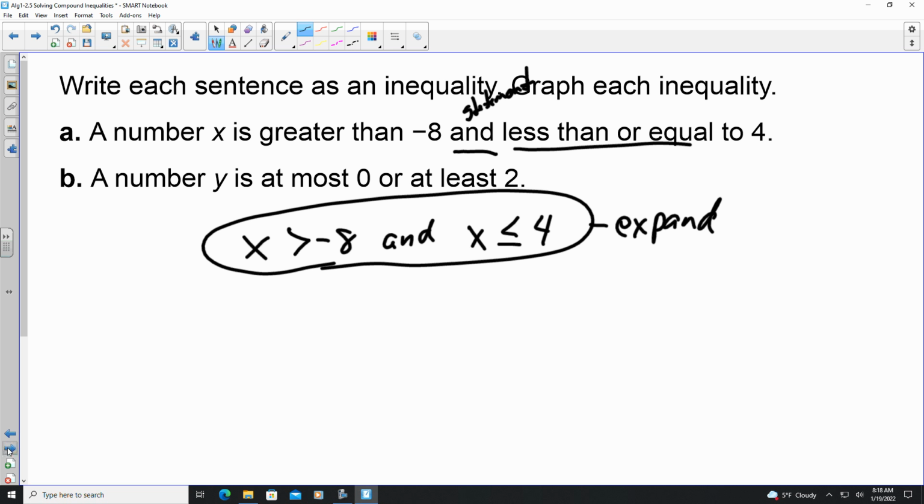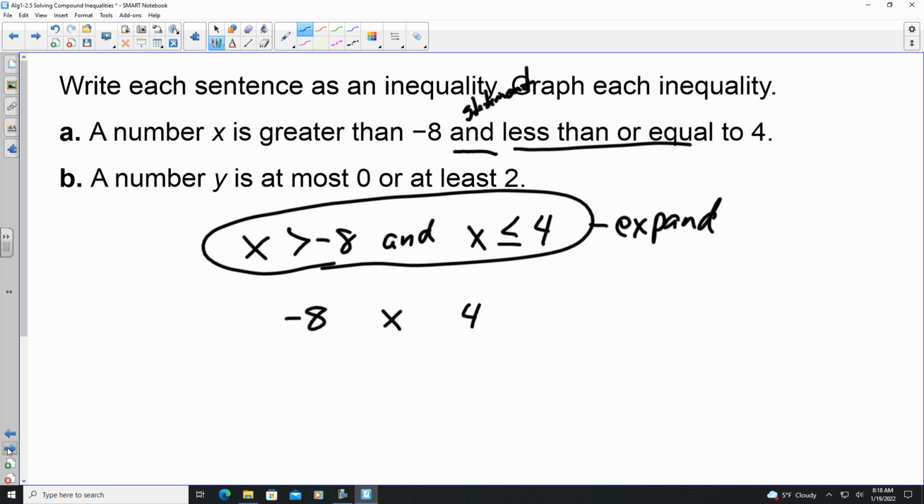So the condensed form is you're only using one variable x and it's in the middle. Then you're looking at the two numbers that are being attached to it. So it's -8 and it's 4. Dealing with number lines, -8 is the smaller number between the two, so that's going to be on the left side, and 4 is the larger number, that's going to be on the right side.